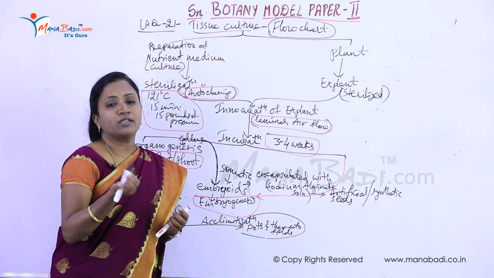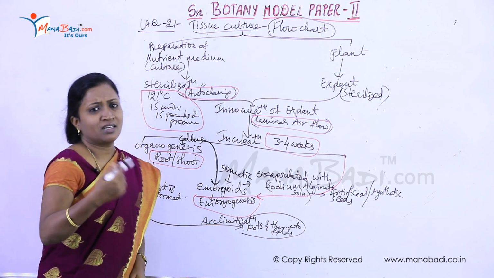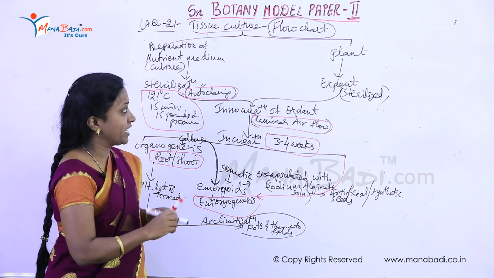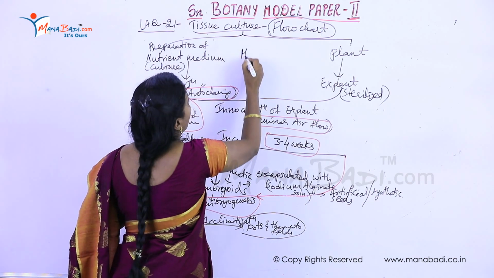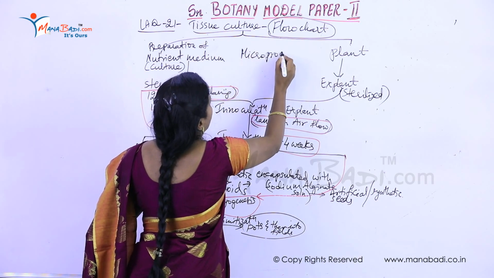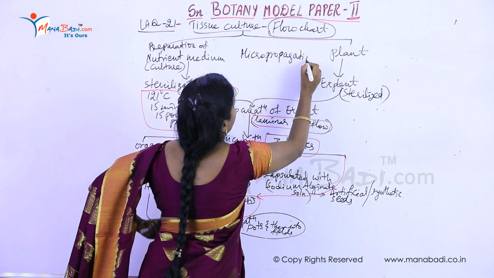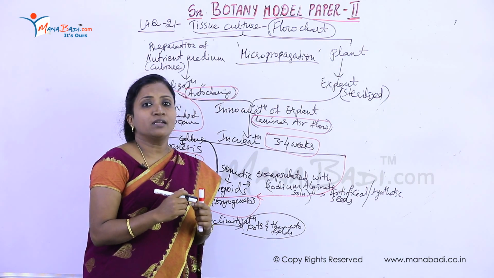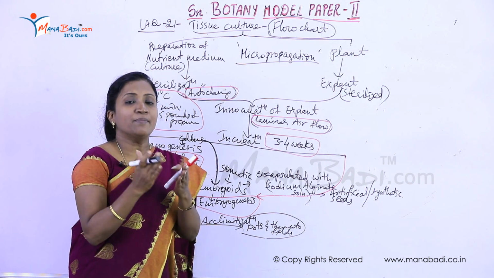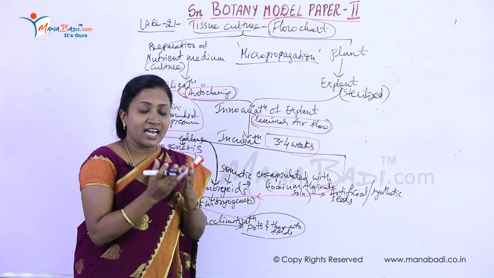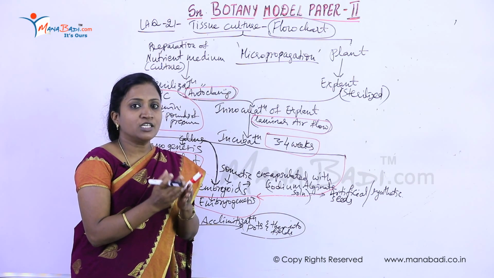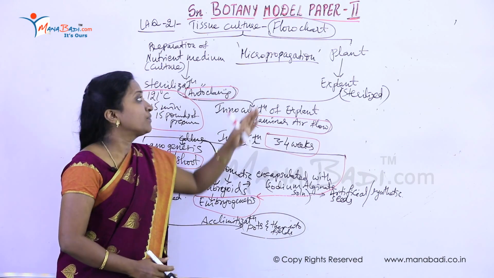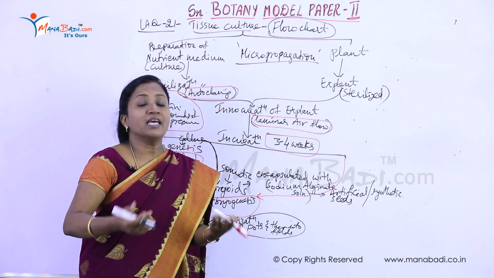Through tissue culture, what are the beneficial aspects? One thing we can go with is micro propagation, wherein within a short duration and limited space, a large number of plants can be developed.